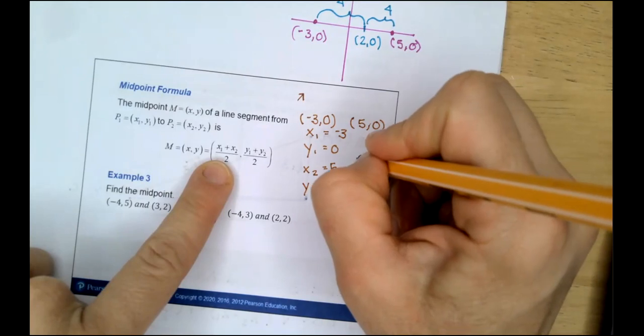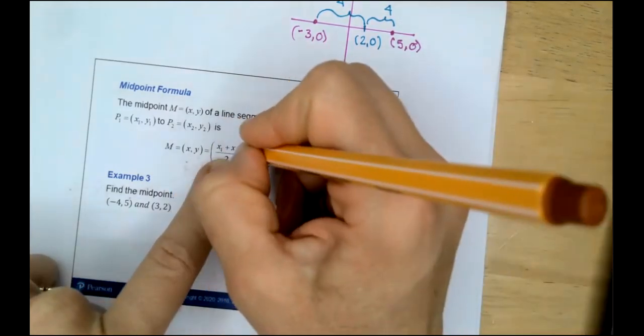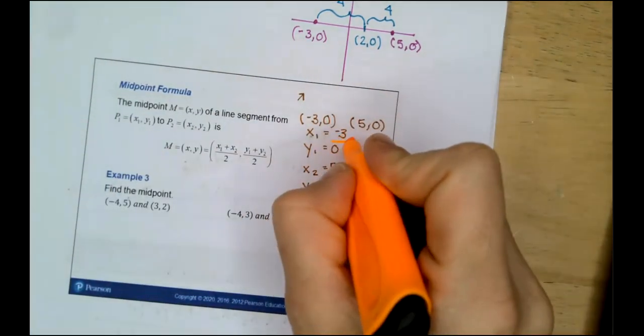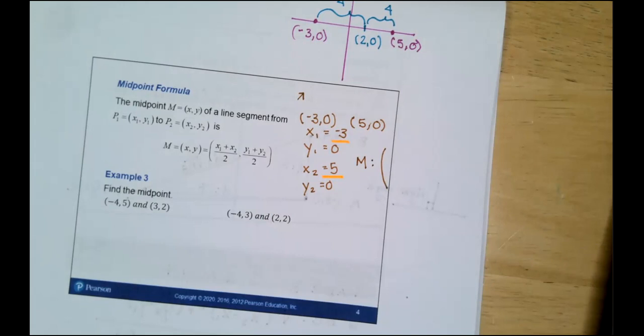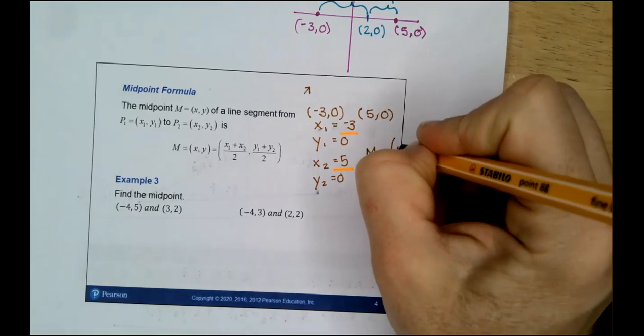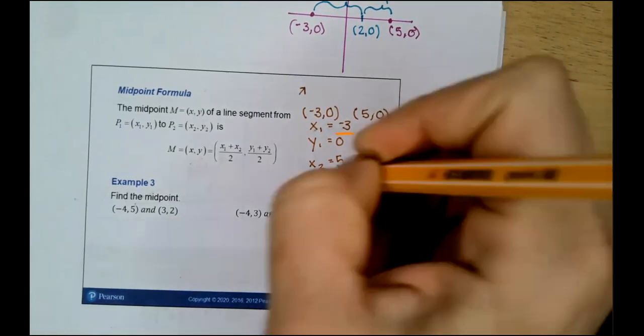So that means my midpoint is going to be the point x1 plus x2, -3 plus 5, just put it over 2.